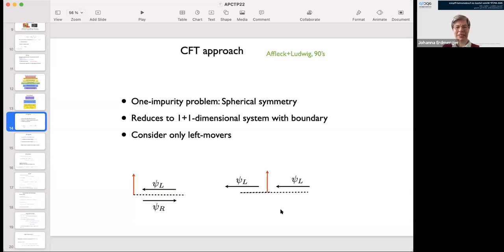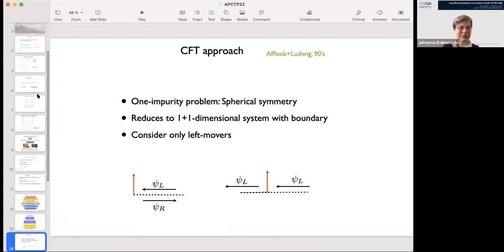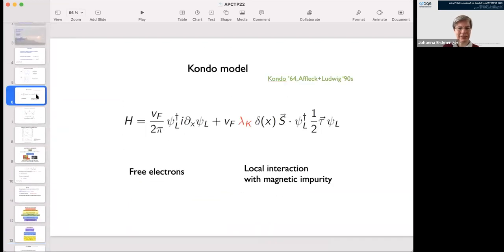So this picture allows us to write the Hamiltonian this way. Let me go back to where I wrote the Hamiltonian for the first time. Here, as you see in this Hamiltonian, there's only left movers. But these left movers, of course, interact with this impurity.